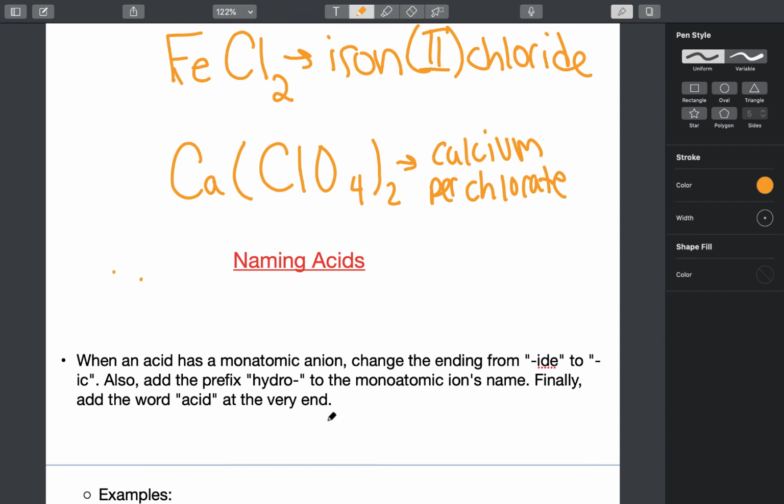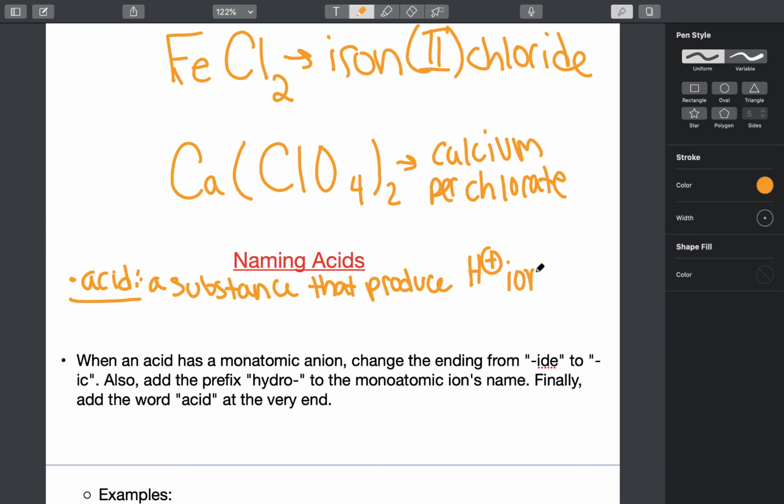So now let's get into the naming of acids. Quickly, let's define what an acid is. Take note though that we don't really get into acids too much this semester. You're going to get a lot into acids in the second Gen Chem, in Gen Chem 2. But an acid is basically a substance that produces H+ ions.